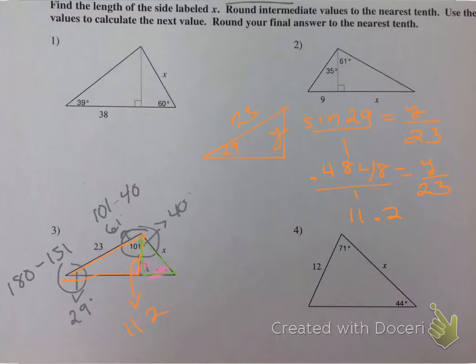We could transfer that over to the triangle on the right, which has a 50-degree angle down here. Again, we're going to use sine. I have the opposite and the hypotenuse.